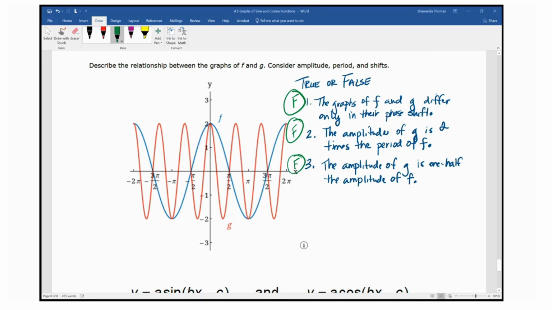All right, next one. The period of G is 2 times the period of F. All right, somebody other than Leo, Owen, DeAndre, the period of G is 2 times the period of F. True or false?